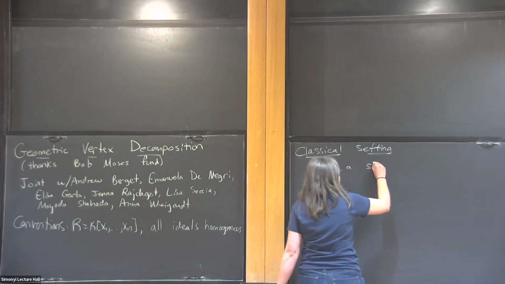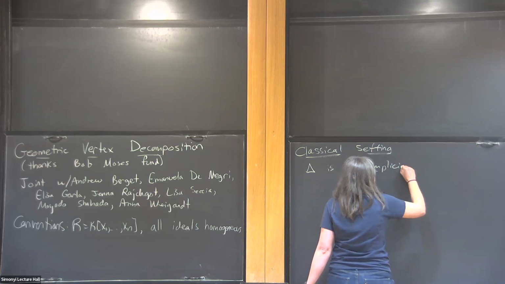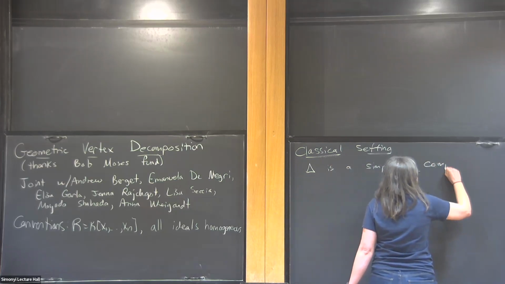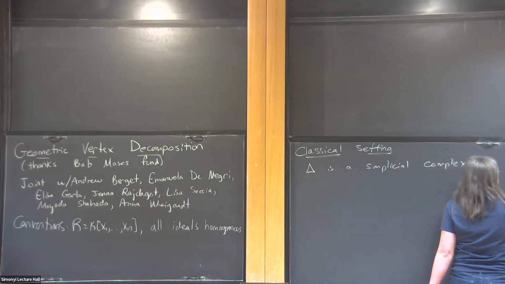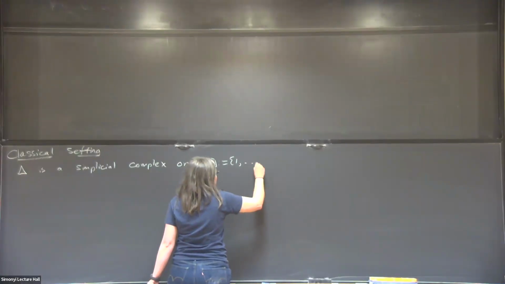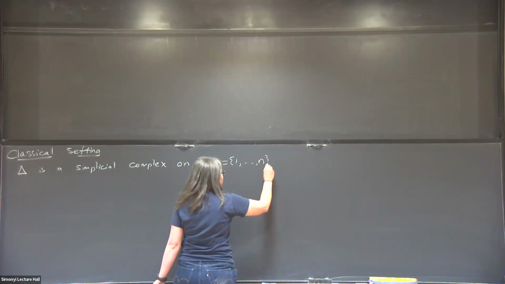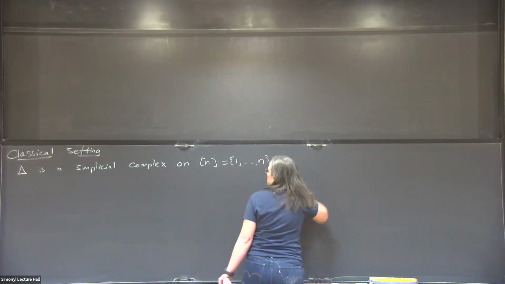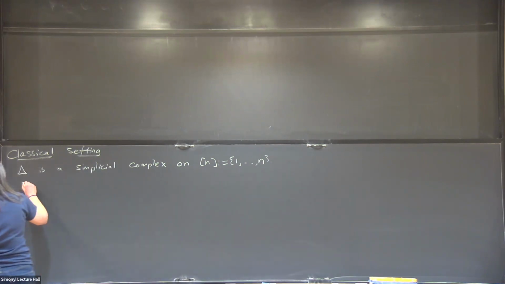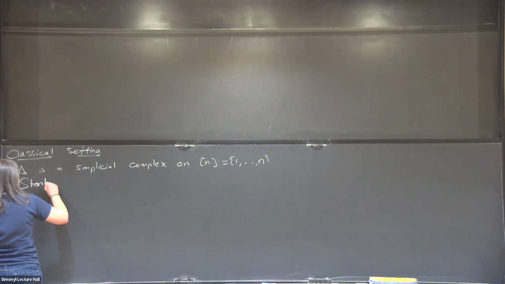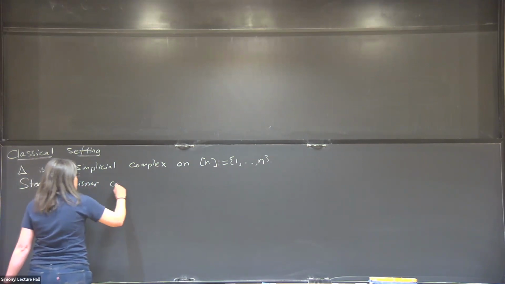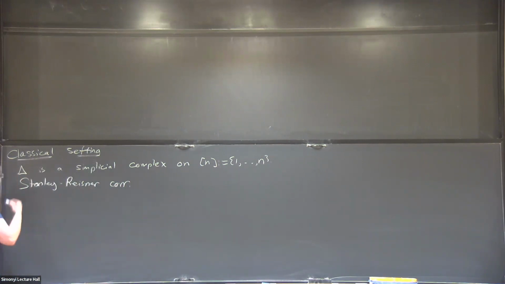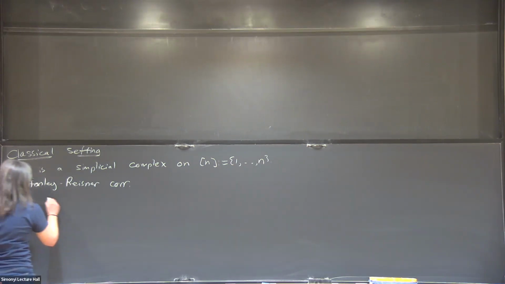Let Δ be a simplicial complex on [n]. This is the integers from 1 to n. And the Stanley-Reisner correspondence is a way for us to translate between simplicial complexes and square-free monomial ideals.